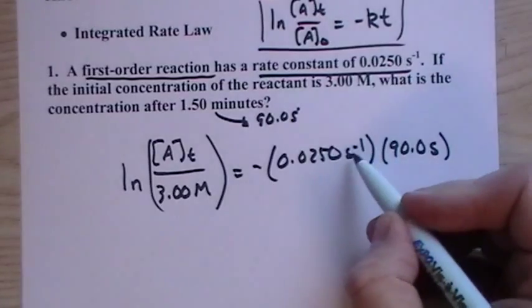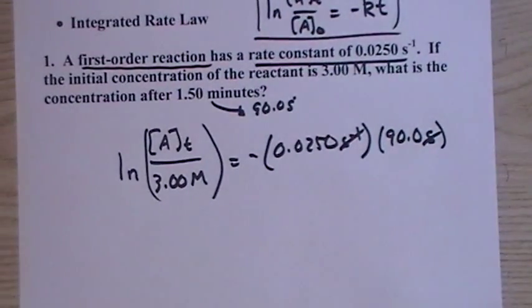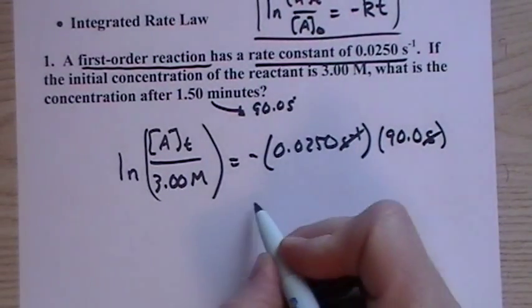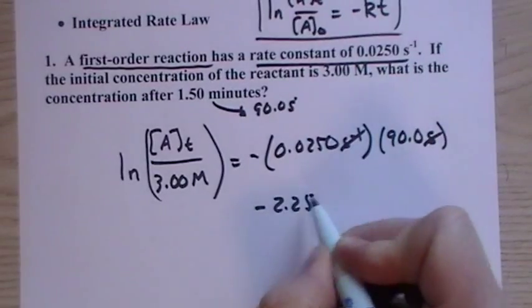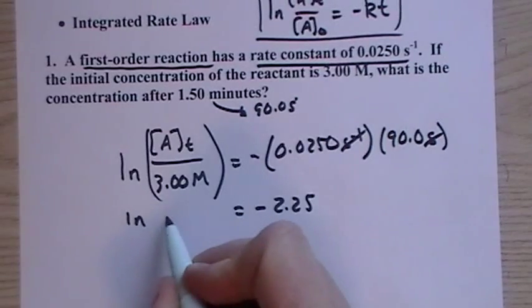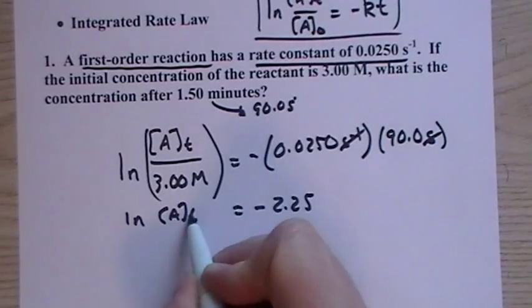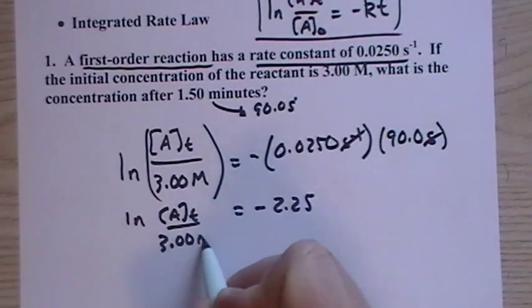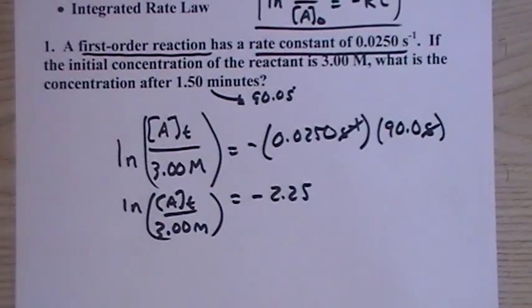Carry the units through. And we end up with minus, and so this is the natural log of the concentration of A over 3.00 molar.